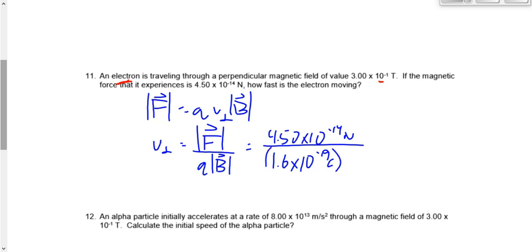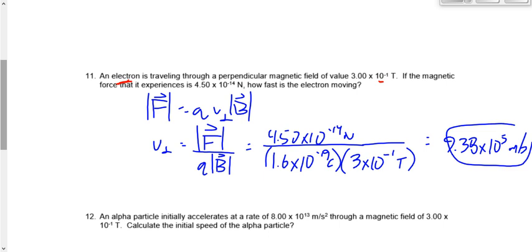Somebody asked me yesterday in one of the two classes whether we sub the sign of the charge in here. Do we? No, we never sub a negative or positive for a type of charge into the equation. Always leave it. B is 3 times 10 to the minus 1 Tesla. We do the math there, and we end up getting 9.38 times 10 to the 5 meters per second. Is that a reasonable speed for a charged particle?